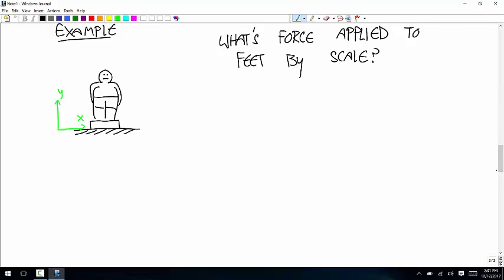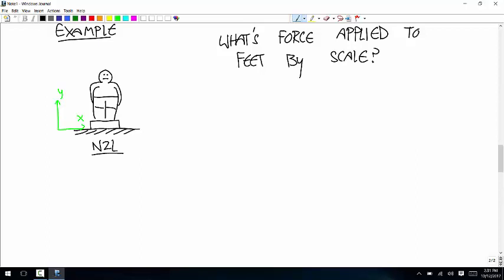Okay, so Newton's second law says, well, first we have to figure out all the forces that are acting on this person. How many forces are acting? Two. There's the weight force, and now there's a force applied to the feet by the scale.